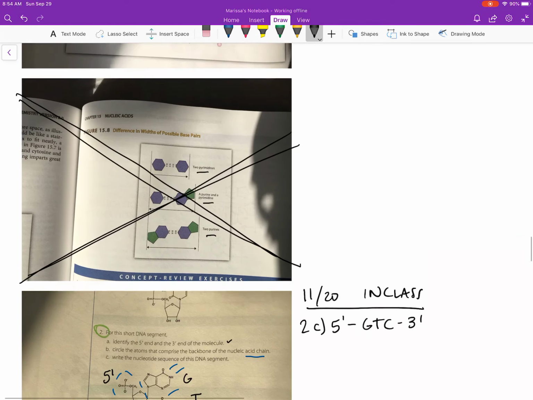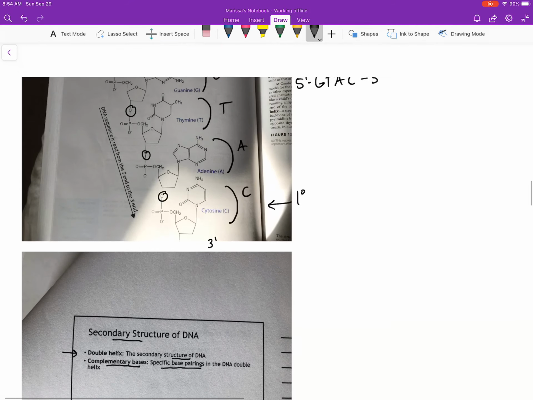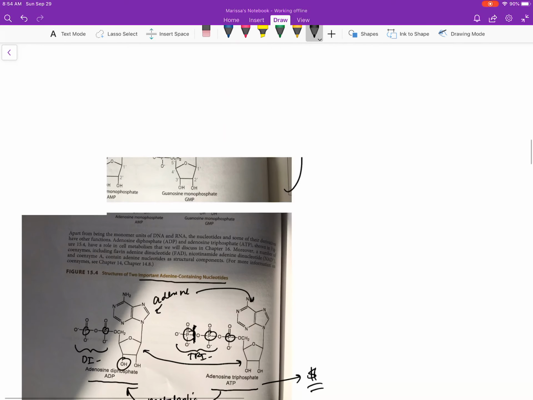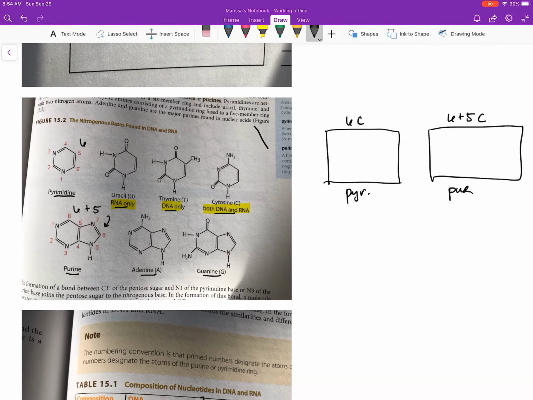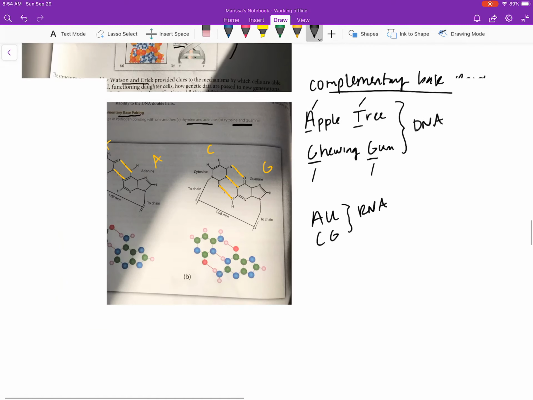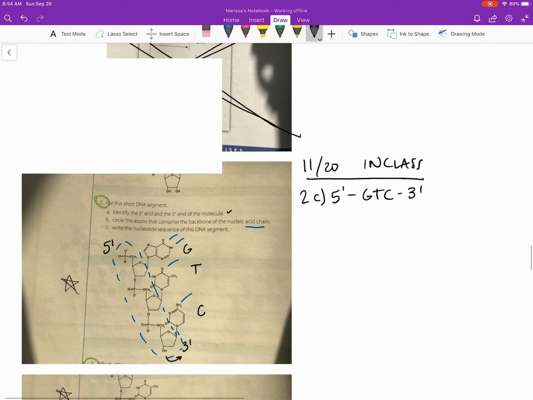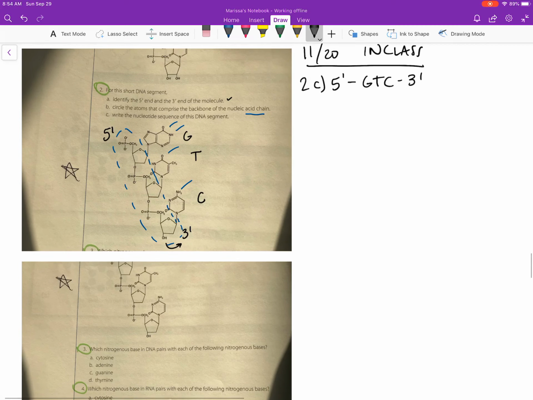If we go back up, you're going to need to know these. Make flashcards, but you want to be able to identify them. All right, so let's go back to our question.